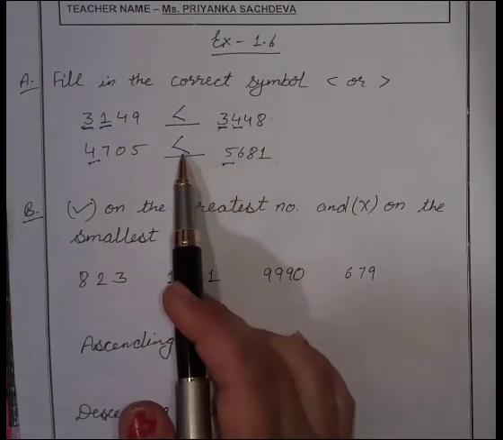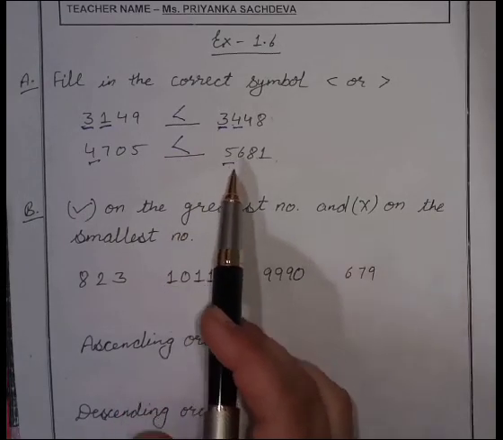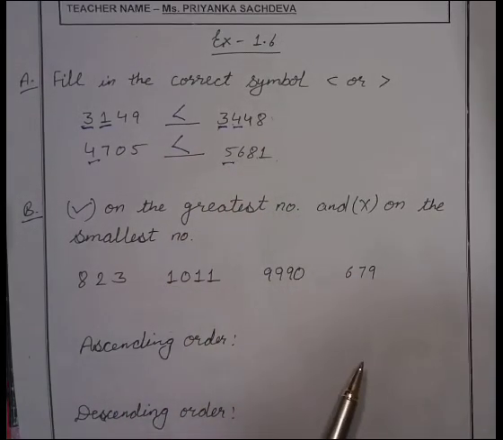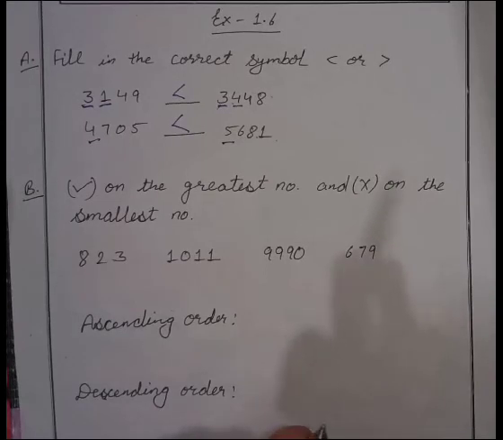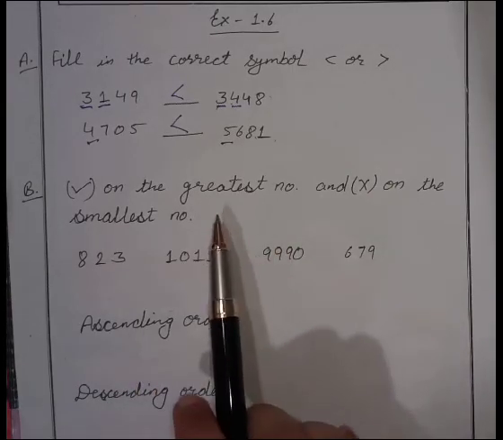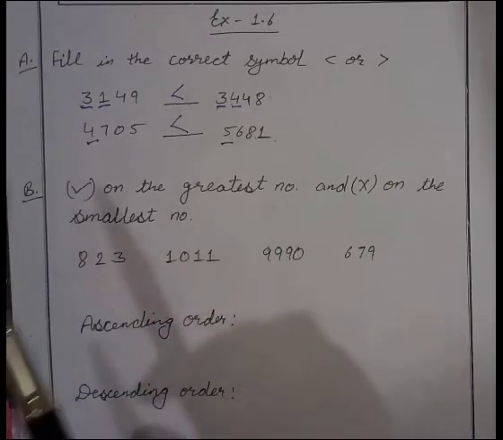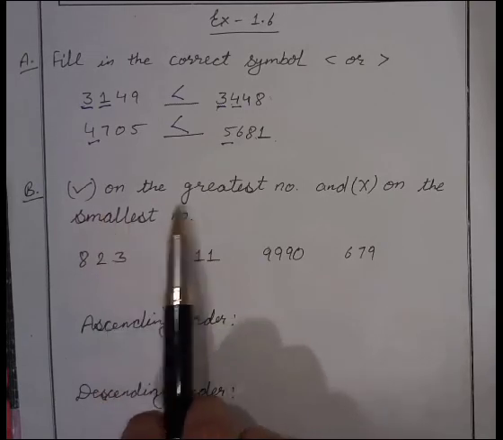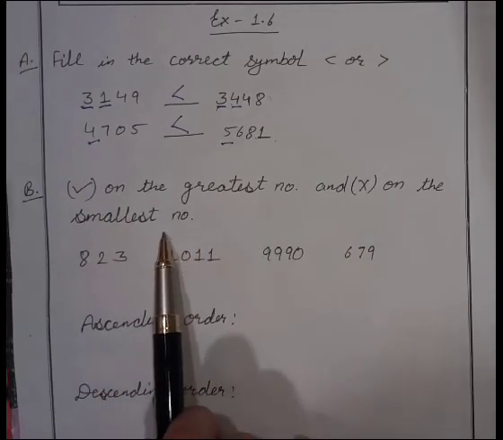Open side will come on the greater side. Now you got which one is smaller and which one is greater. Our next part is based on the same, greatest number and smallest number. We have to tick the greatest number and cross the smallest number.